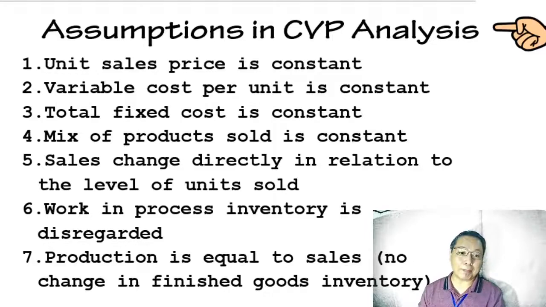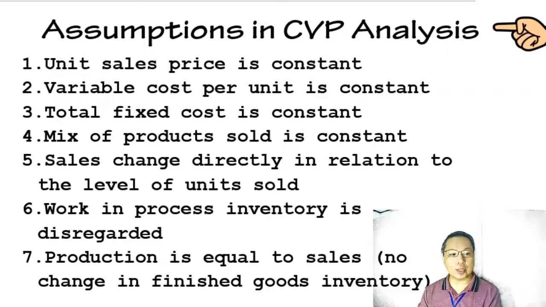Ina-assume din natin na kapag gumamit na tayo ng multiple products that the mix or the sales mix is constant. Alright. So, dun sa number 5, makikita mo that sales change directly in relation to the level of units sold. So, that's another assumption. Meaning, mentras dumadami or tumataas yung number of units being sold, yung total sales natin will also increase.